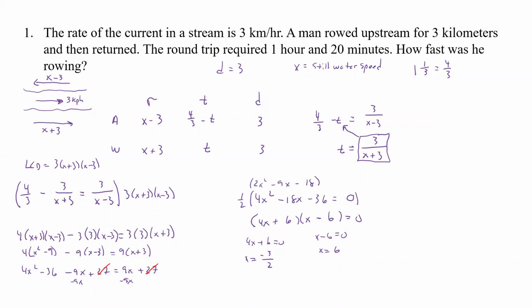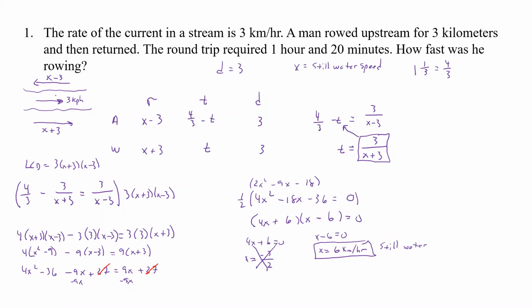Okay, well, what do we know about speeds? Well, we're not going to have a negative speed, so that one we throw away. And so we want the speed in Stillwater. How fast was he rowing? Well, he was rowing 6, and it was kilometers per hour. And so that was his speed in Stillwater, and that's what they're asking for.